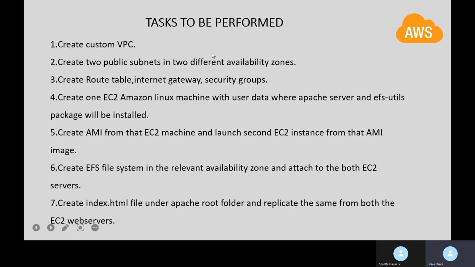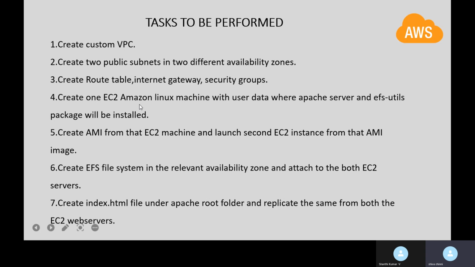So these are the tasks which we are going to perform for the solution part. First of all we need to create a custom VPC in our AWS console. Then we need to create two public subnets in two different availability zones. Later we need to create one route table. Since they are public subnets, we are going to talk with the internet, so we need to create a route table as well as an internet gateway and security groups.